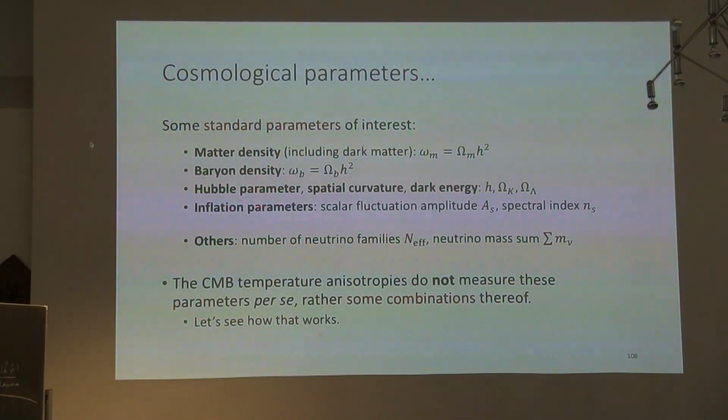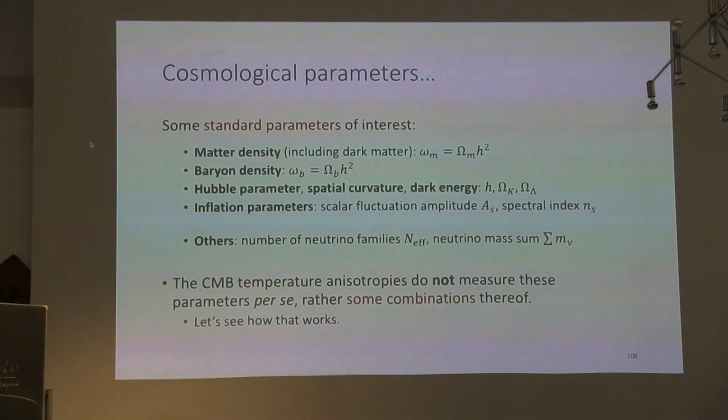And of course, there are also some inflationary parameters that are typically part of the standard game. There are other parameters that are being constrained as well by the collaborations, things like the number of neutrino families and the effective neutrino mass sum, another popular parameter to use.